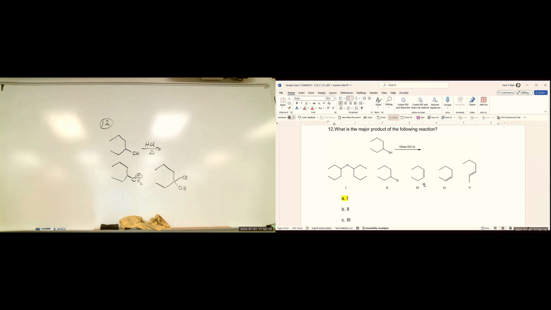There's no chloride, there's no halogen there. It's not a Williamson. I don't know. Here we go.